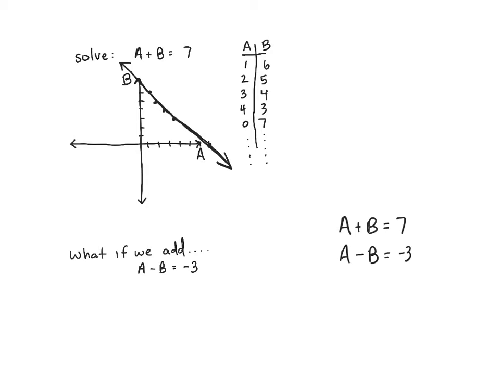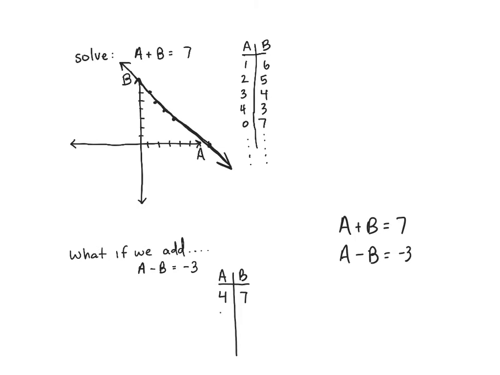Now if we considered all of the possible solutions for this second equation, a minus b equals -3, we need values that subtract to get -3. For example, if a is 4 and b is 7, those subtract to -3.